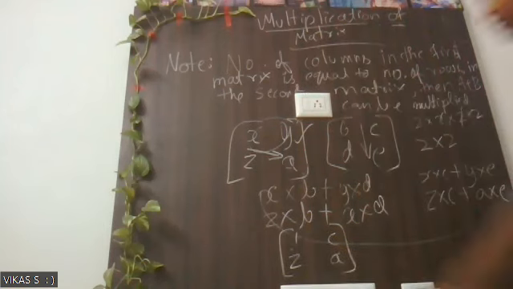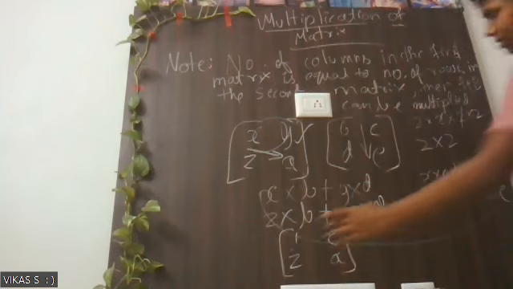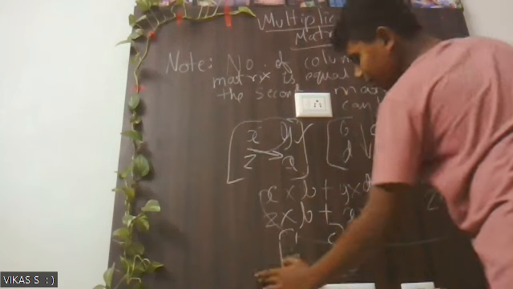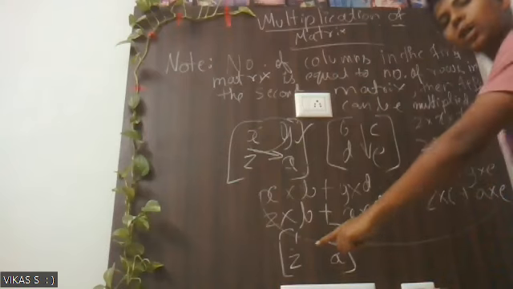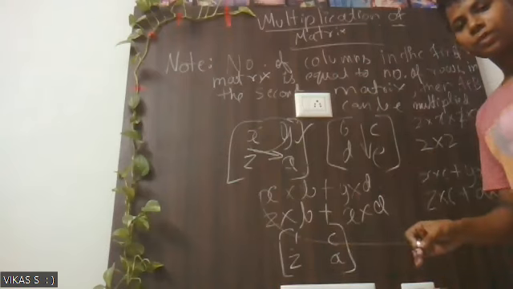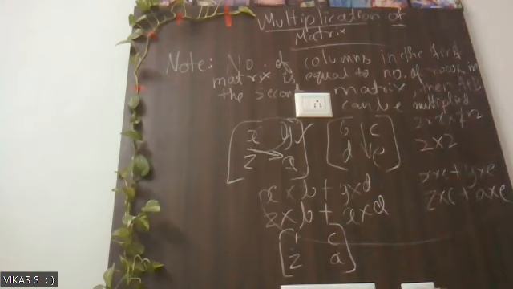This is your answer, 2 into 2. That is the verification which is done at the beginning of your sum.